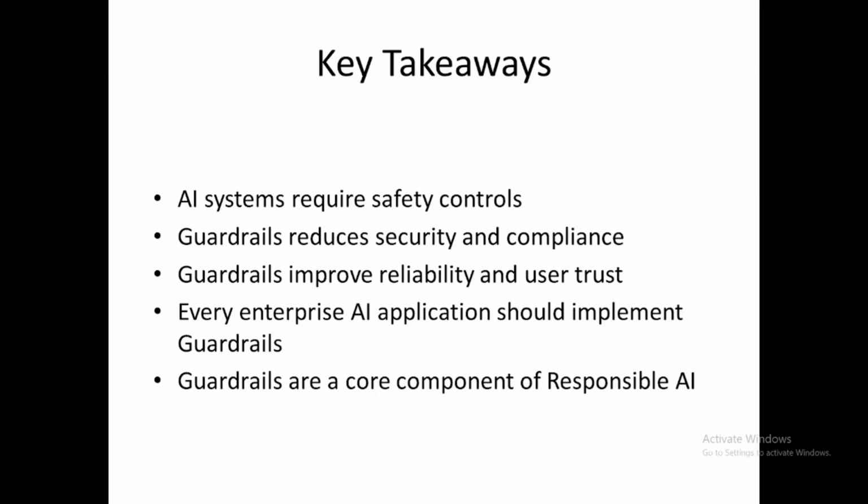Now, what are the key takeaways? If I summarize today's discussion, today we learned what AI guardrails are, why enterprises need them, different types of guardrails, how guardrails work inside an enterprise application, and finally a real world AI banking application.